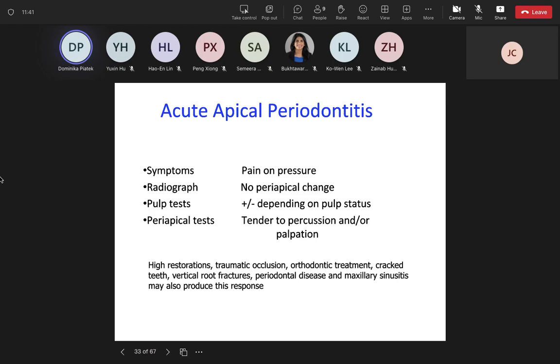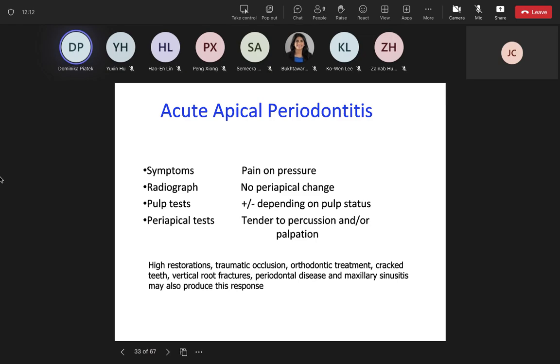During orthodontic treatment, because it's a complicated treatment and movement of the teeth is involved, we can also observe that state. Cracked teeth are something different, but if we have a cracked or partially cracked tooth, then we can also observe tenderness to percussion or even to palpation.